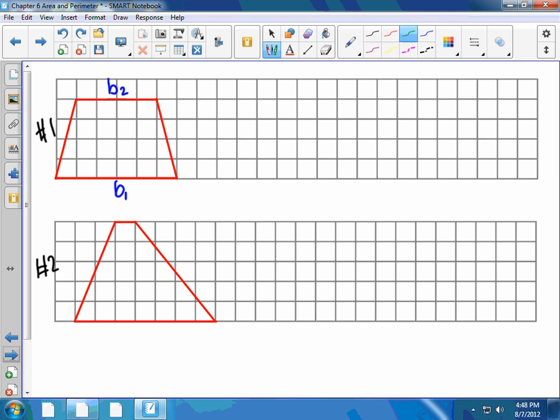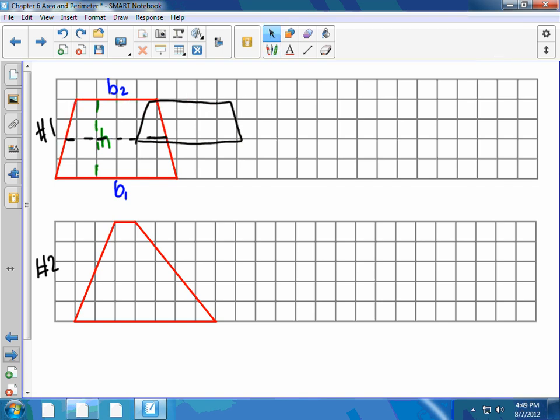And we're going to do what we've been consistently doing with triangle and parallelogram. We're going to cut this trapezoid into something that we know. Okay? And where I'm going to make the cut here is I'm going to cut half the height. So that would appear right here. So the height was 4. I'm going to cut it at 2, which would then give me the quadrilateral like this.